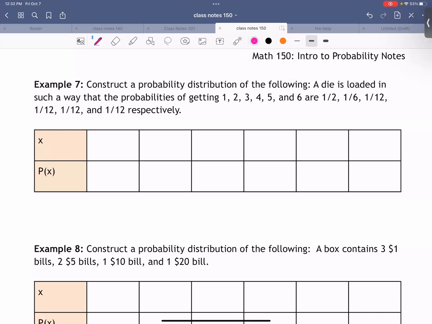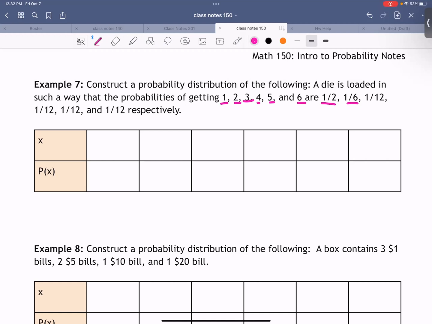So for example, this die is loaded so that 1 has the highest probability of being chosen. And 2 has a 1/6 probability, and then 4, 5, 6, and 3 have a very low probability of being chosen. So as you roll this die over and over again, you're probably going to get a lot of 1s and not a lot of higher numbers. Casinos do this a lot just to make you lose a little bit more.